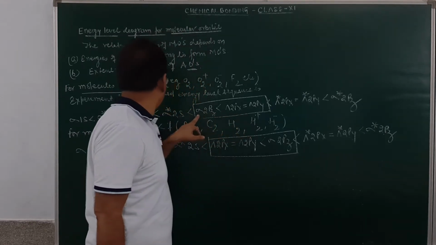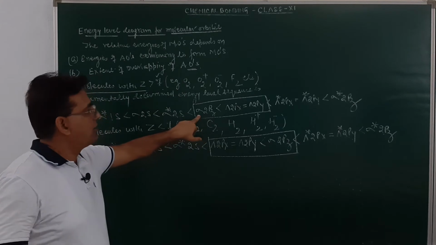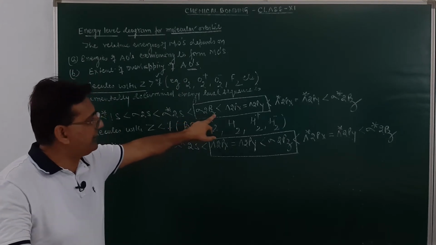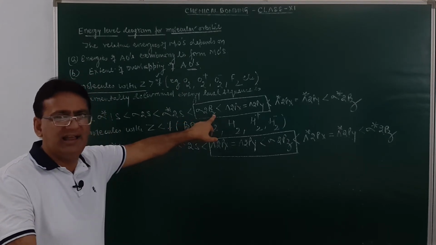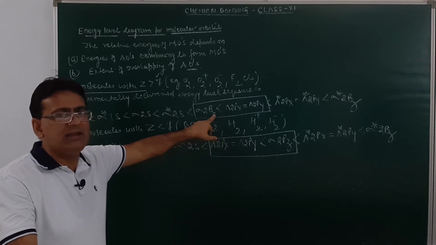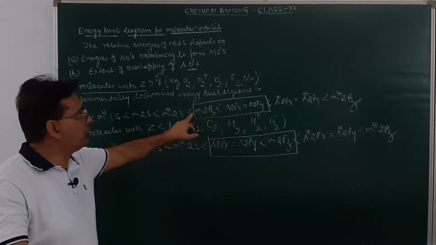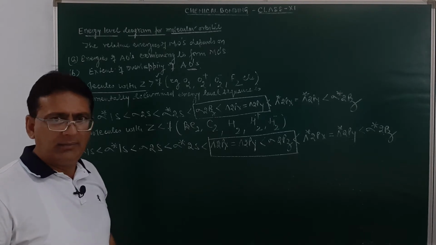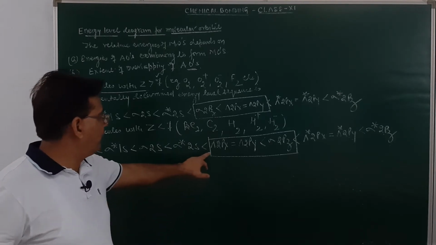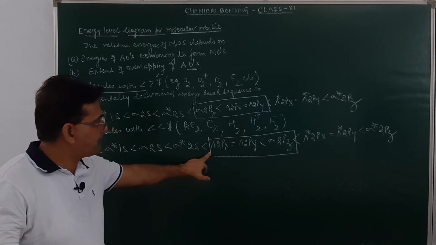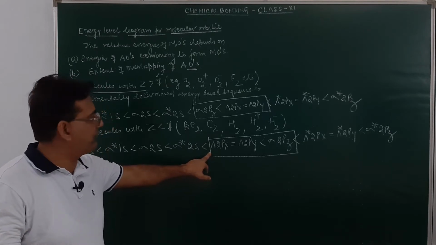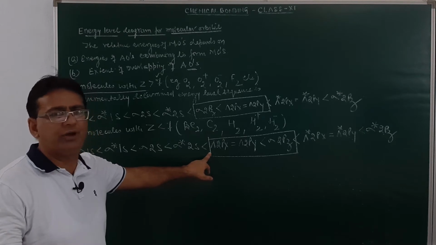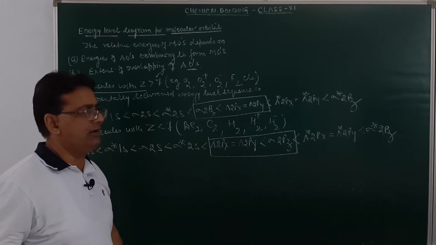In the case of Z greater than 7, the interaction between sigma 2pz and the pi orbitals is less, so there is no repulsion. So sigma 2pz comes before pi 2px. But where Z is less than 7, sigma 2pz comes after pi 2px because the level of interaction is high and there occurs a repulsion.